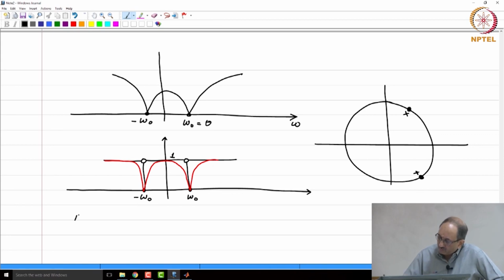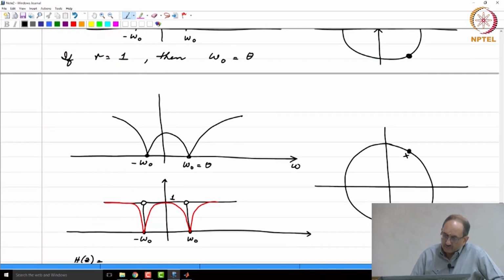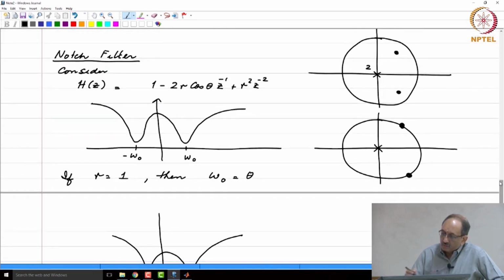Now, in terms of transfer function, as far as the notch filter goes, the numerator is 1 minus 2r cos theta z inverse plus r squared z to the minus 2. For the notch filter, r equals 1. Therefore, without any other modification, the transfer function is 1 minus 2 cos theta z inverse plus z to the minus 2.